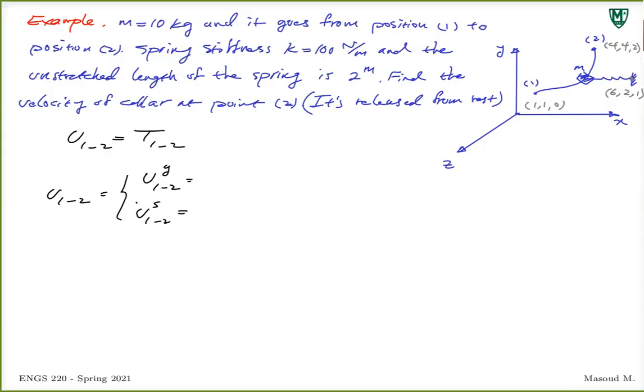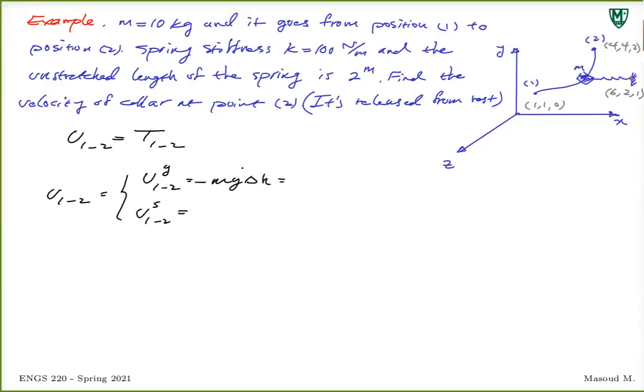Now, for height, let's say minus mg delta h. It is in three-dimensional space, but it shouldn't really throw you off. All you care about is change in height, and that's your y direction in this case. So you're going from y equals 1 to y equals 4.